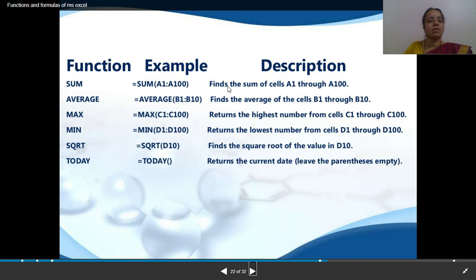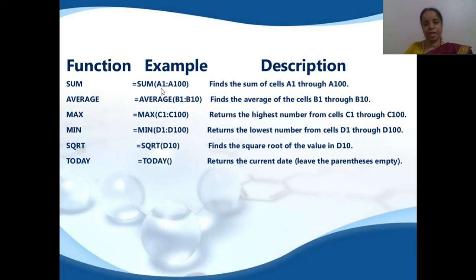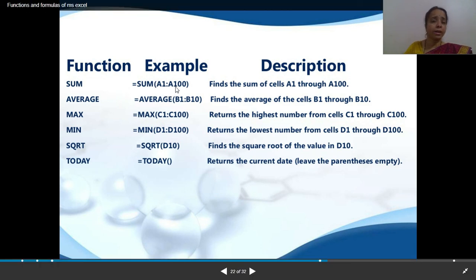Now, some examples of mathematical functions. This is the SUM function and this is the example. If you want to add the values of A1 to A100, just type the formula equal to SUM, bracket open, and where you want to start adding the values, A1.